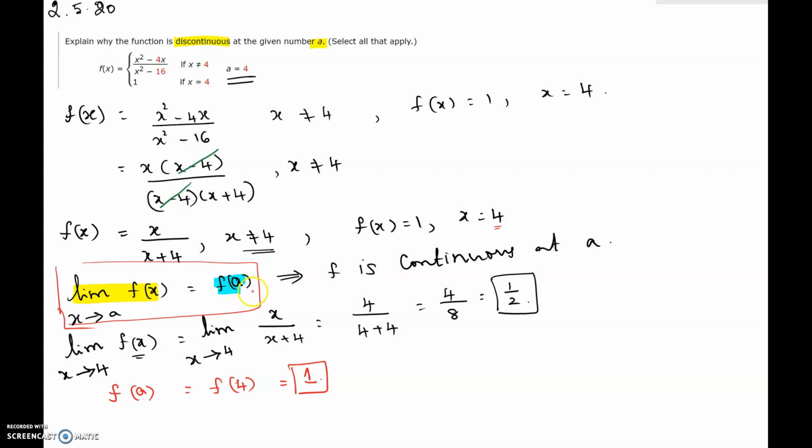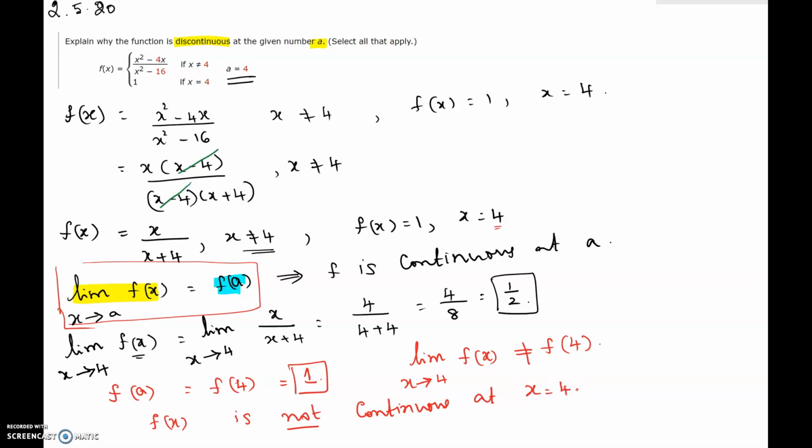But the value of the function at 4 equals 1. So we notice that the limit as x approaching 4 of f of x is not equal to f at 4. So the function f of x is not continuous, or discontinuous, at a equal to 4, or x equal to 4.